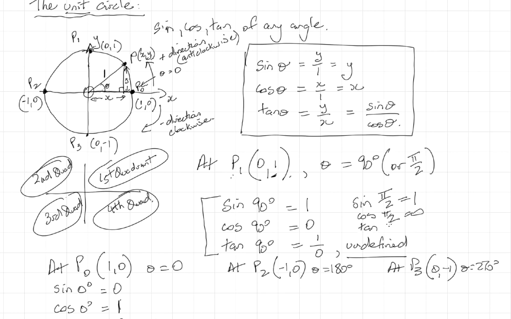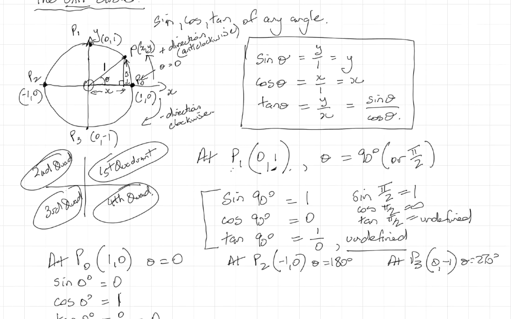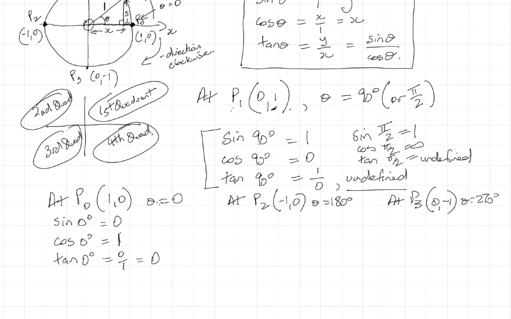And the tan of pi on 2, exactly the same value as here, undefined. And if we continue down here, we've got theta equals 0. Well, that's the same. 0 is the same in degrees or radians. 180 or pi, and for 270, theta will be equal to 3 pi over 2.